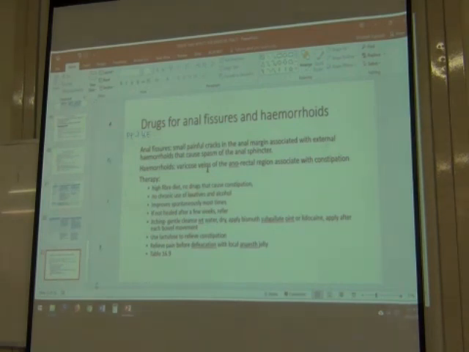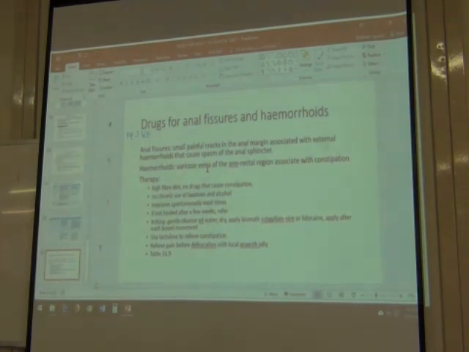Hemorrhoids are the extension of the veins, so extrusion and extension of the veins. It usually comes with constipation. Hemorrhoids you see to be like varicose veins, just at the anus, inside or outside, and it pushes out.